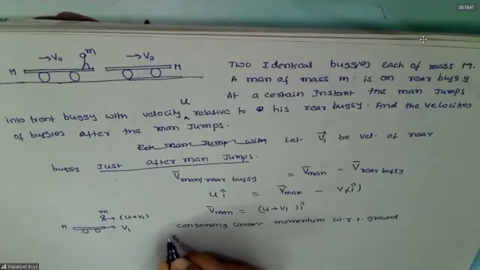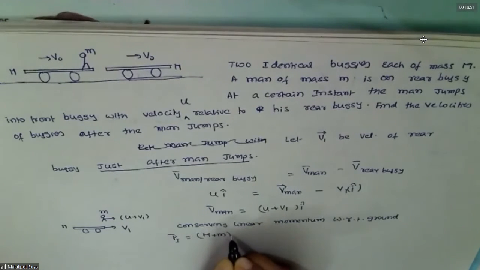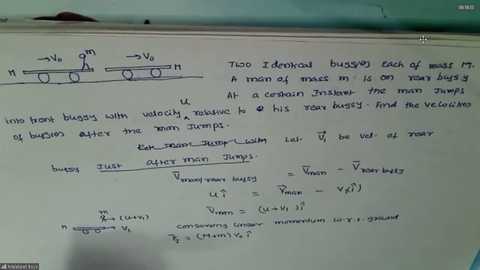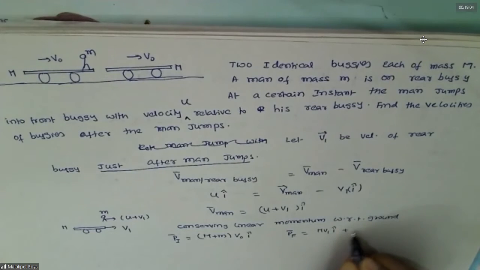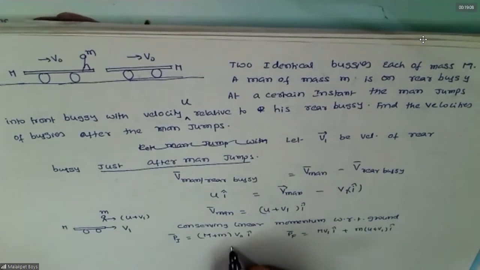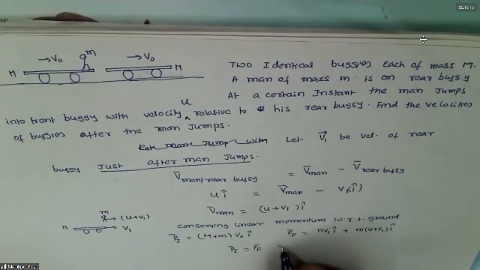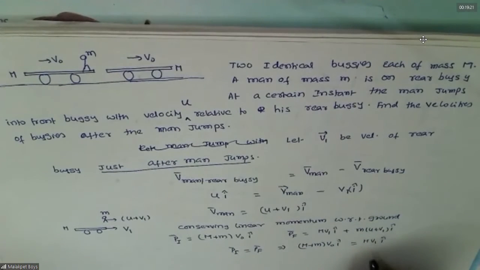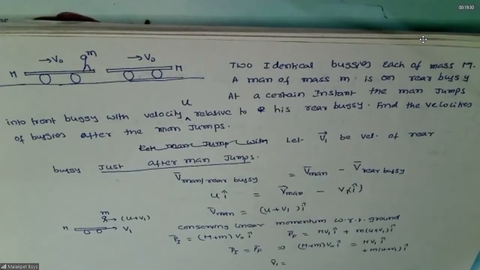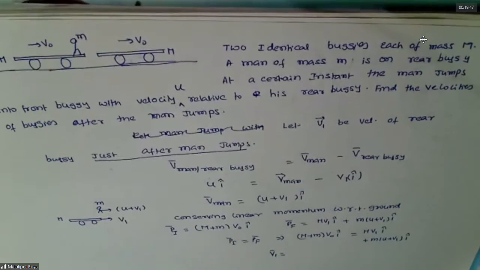So before jumping, and immediately after jumping, now as momentum is conserved in the horizontal direction, I can equate this. Get V1. Understood? Understood, sir.